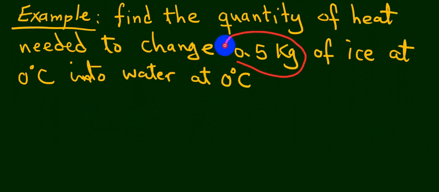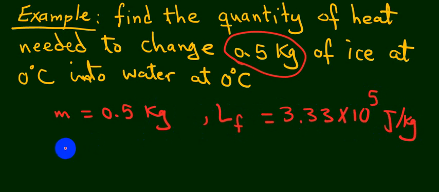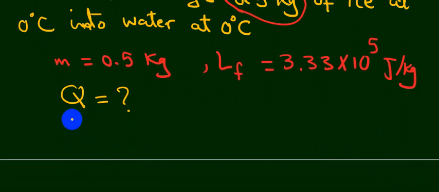Here we have mass. So given mass equals 0.5 kilogram. And also latent heat of fusion of ice equals 3.33 times 10 power 5 joule per kilogram. The unknown here is, what's the unknown? The unknown is Q. Q equals m LF.